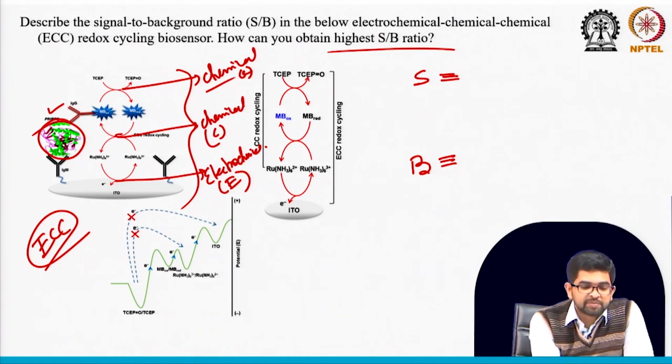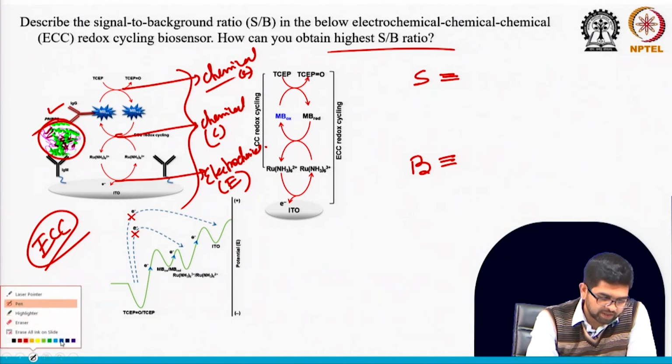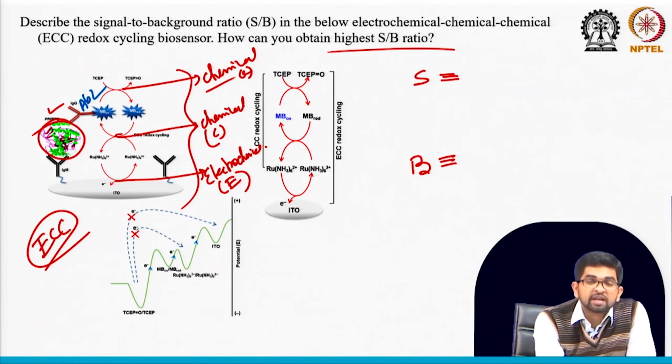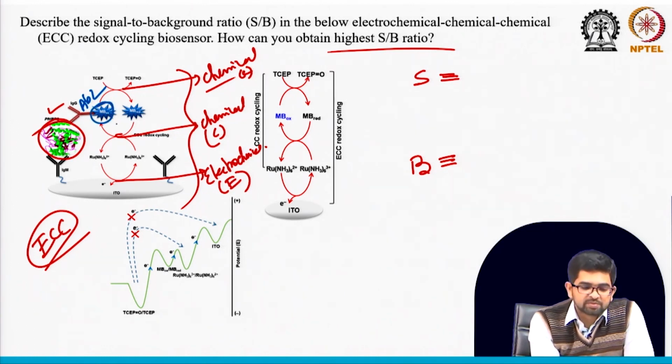If this antigen is present, then only the secondary antibody will bind. This secondary antibody, antibody 2, will bind once the target comes. This secondary antibody is already conjugated with methylene blue. So your signal is produced if your methylene blue is present.